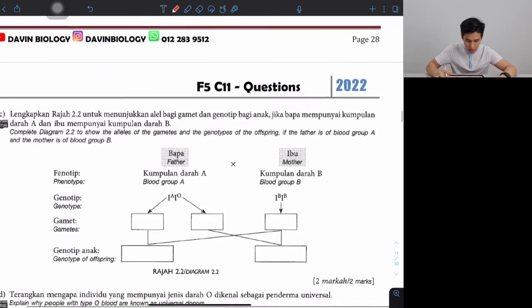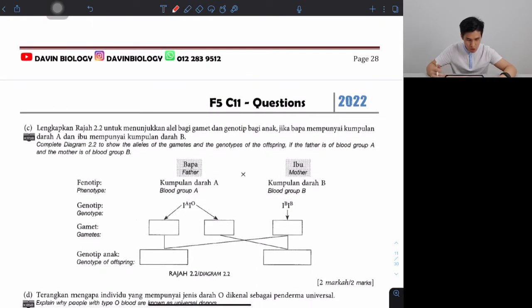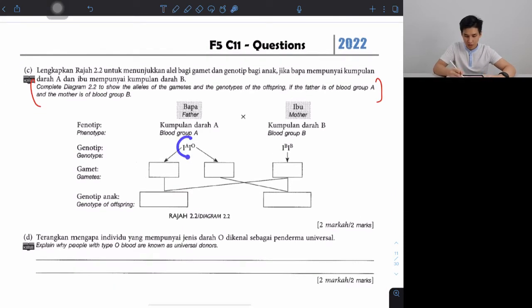Then next, we have a schematic diagram, where they ask us to complete diagram 2.2 to show the alleles of the gametes and the genotypes of offspring. If the father is A and the mother is B, we have a heterozygous father, AO, and a homozygous B mother. So the gametes will be IA and IO, and the mother's will be IB. By the way, there's a shortcut here.